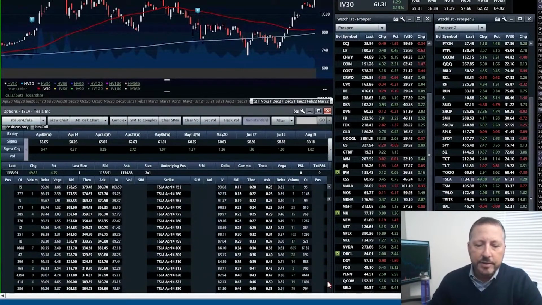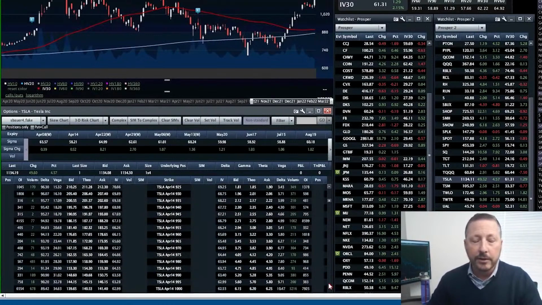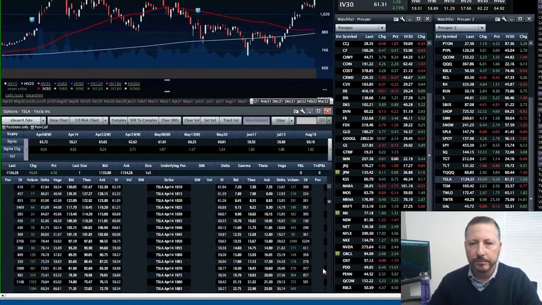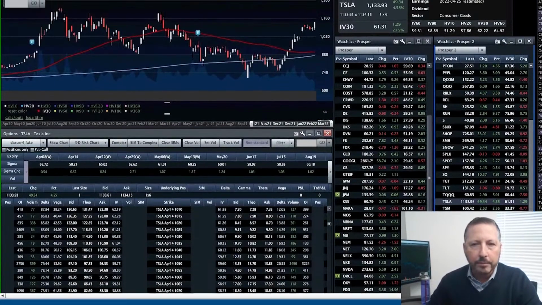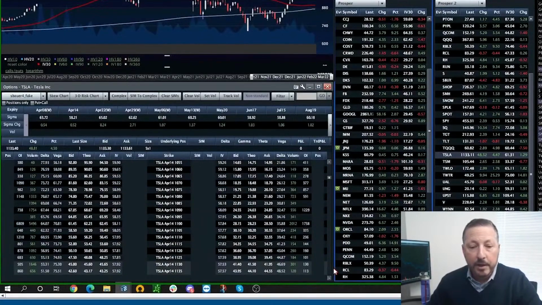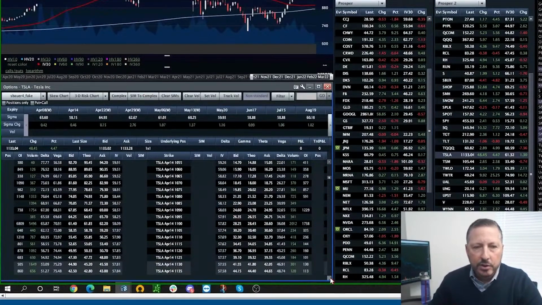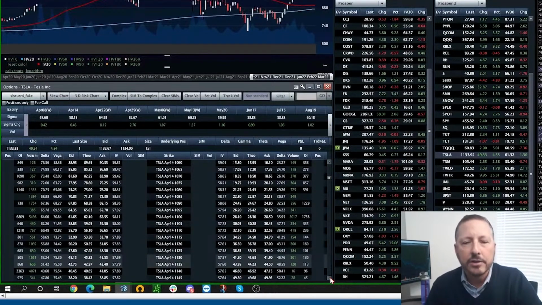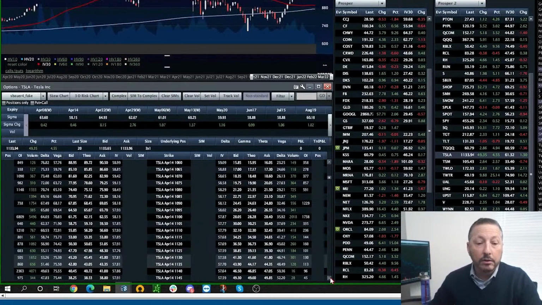The first thing we're going to do, as we normally do with any setup, is look for the expected move. What is the market pricing in as an expected move over a certain period of time? We're going out to the April 14th expiration, so we look at the at-the-money straddle for April 14th.